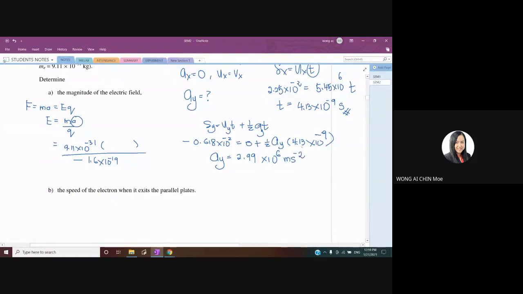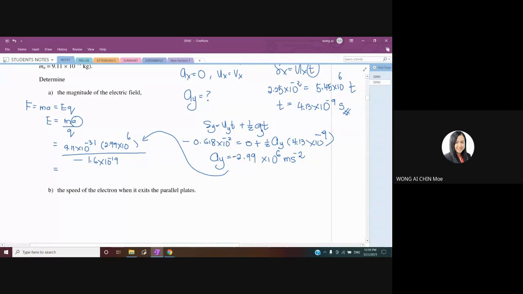You press the calculator and see. Then after that, you substitute into the equation, 2.99 times 10 to the power of 6.